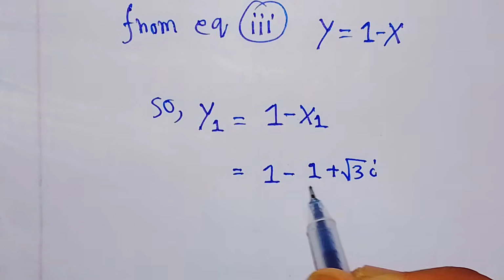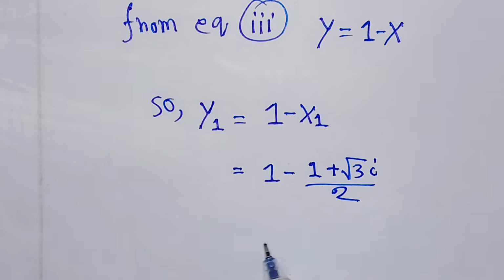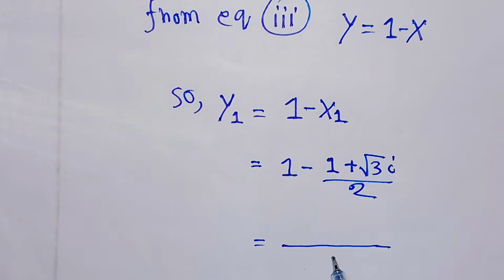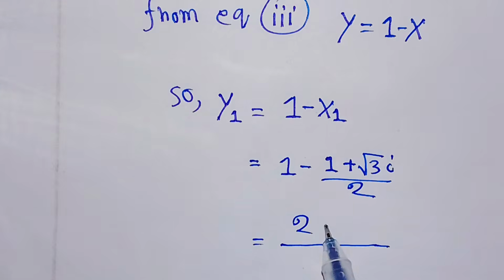So after that it will be (2 - 1 - √3 i) / 2.